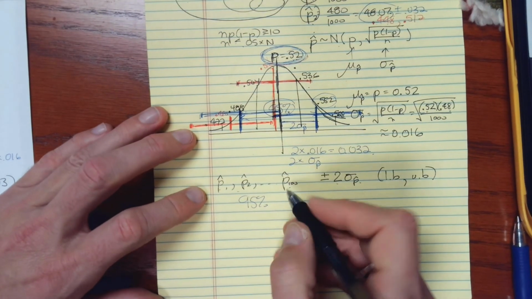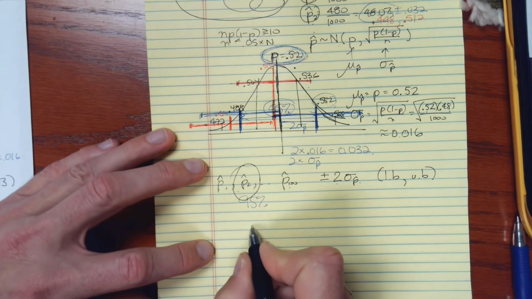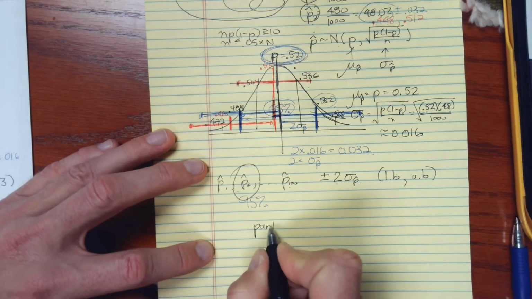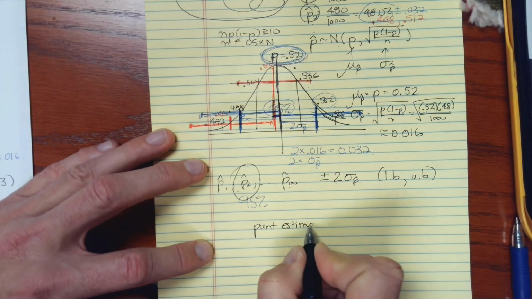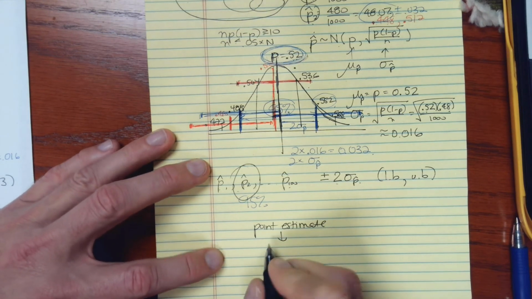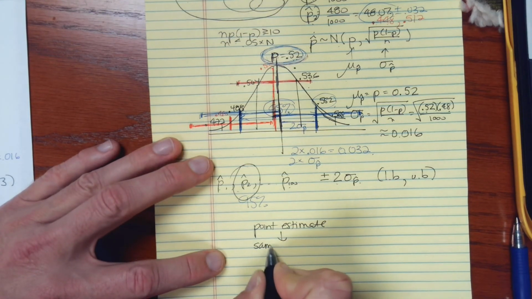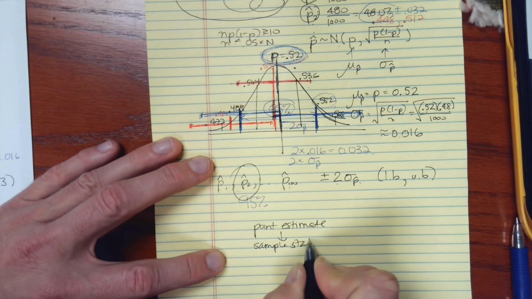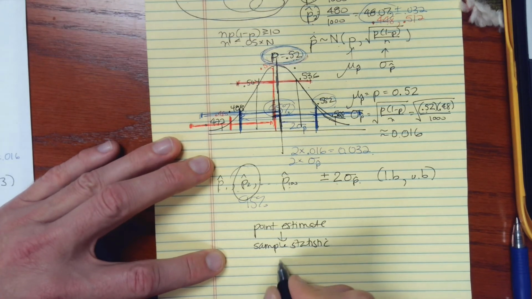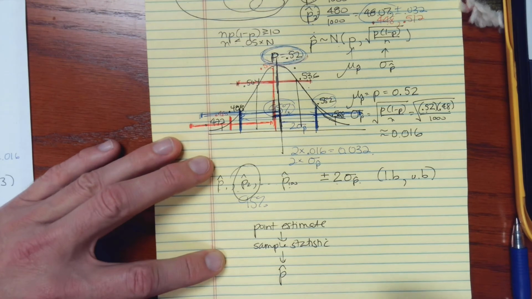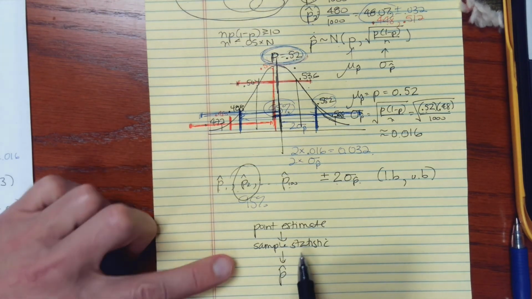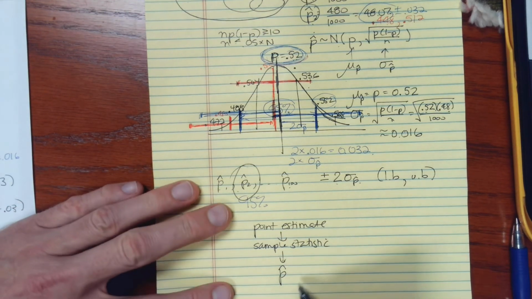We are going to start with one of these, and we call that a point estimate. That is a particular value of a sample statistic. In this case, it'll be a value of p hat. So we'll take one sample and get a point estimate, p hat.